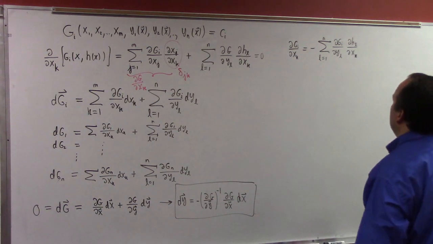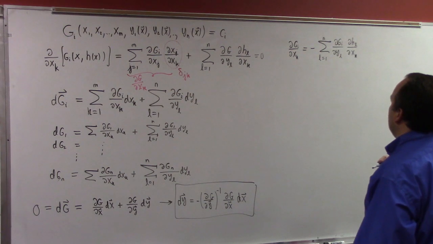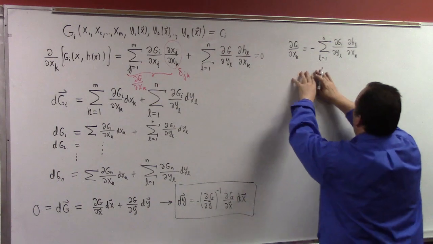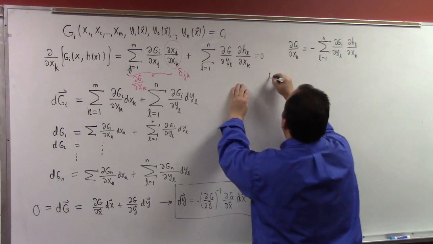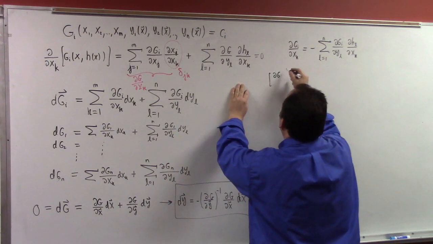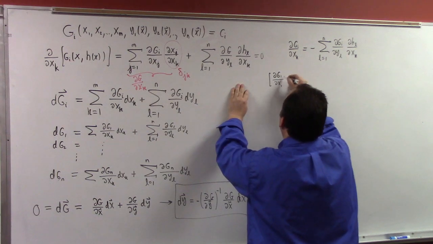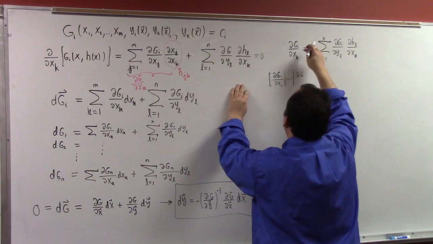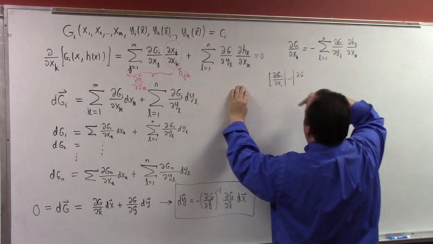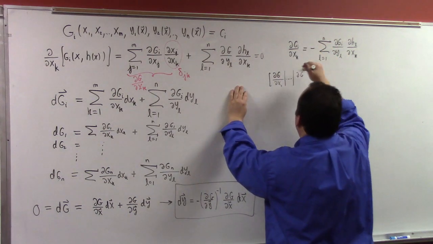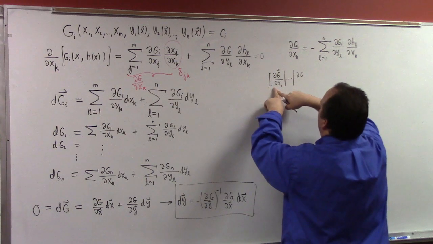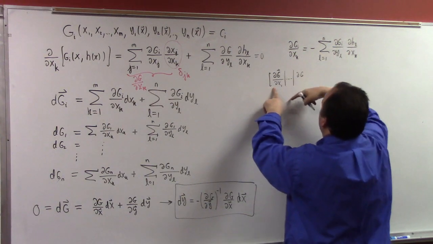And I think what I did was I just stacked, I concatenated these into a big matrix. So this is partial G1 partial X1, and so on. I don't need to put the I, it ranges from 1 to n, so drop the I, just this is a vector. So I ranging from 1 to n gives me the first column here, right?